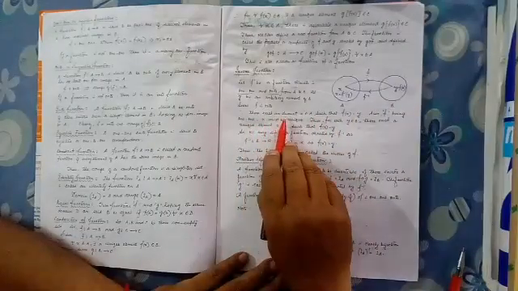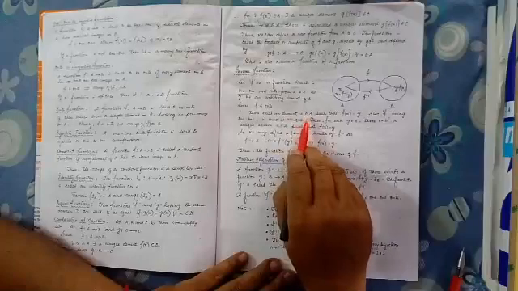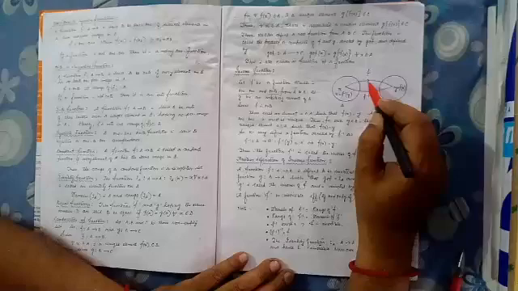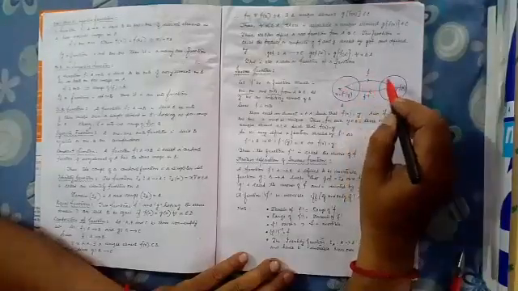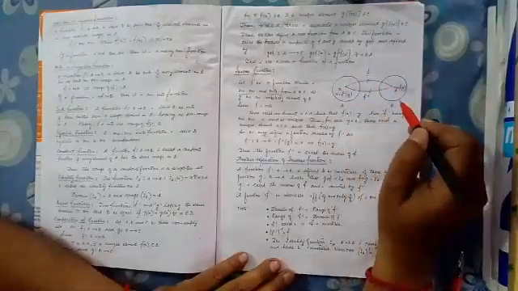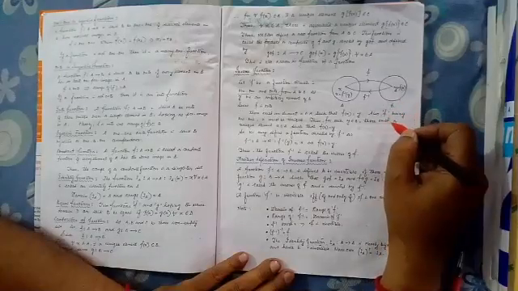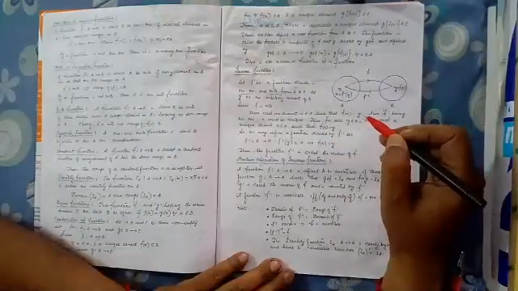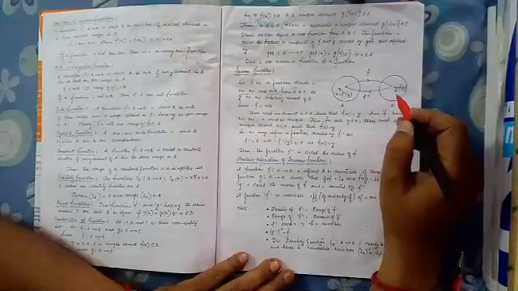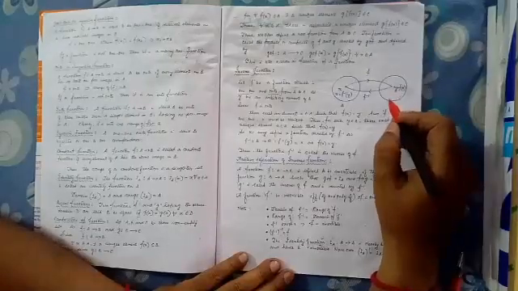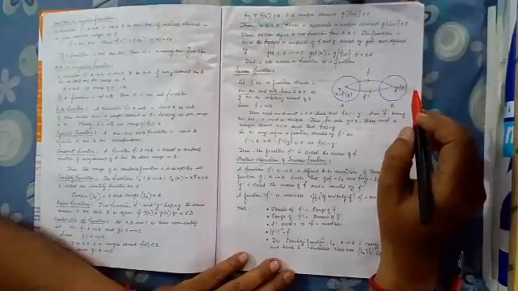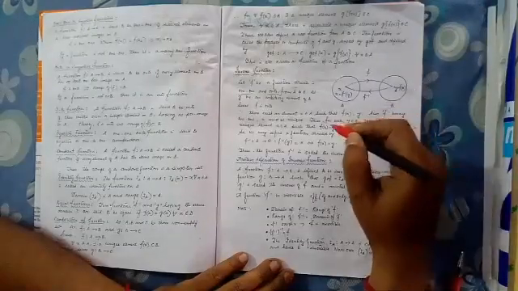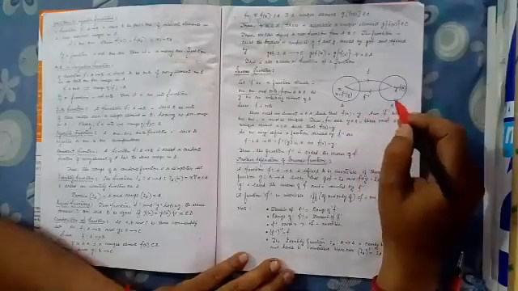Therefore, there exists an element X belongs to A such that F of X is equal to Y. That is, in this function, if we are putting the value of X, we will get the value Y. There exists a unique element X belongs to set A such that F of X is equal to Y.